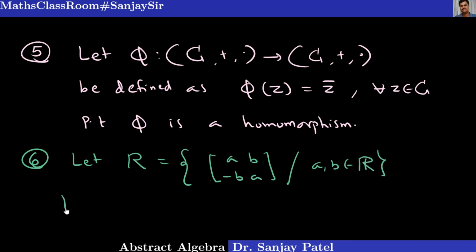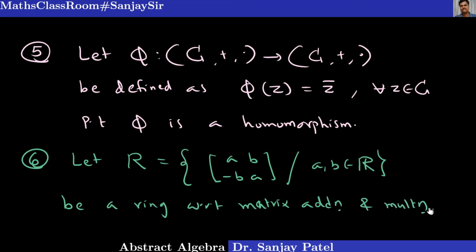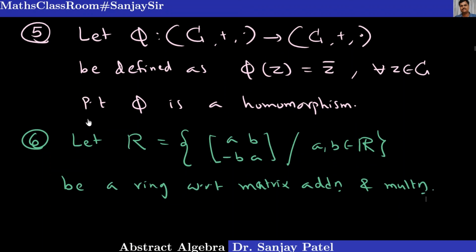This is a ring with respect to matrix addition and multiplication. So I'm writing in short form: R, plus, dot is a ring.